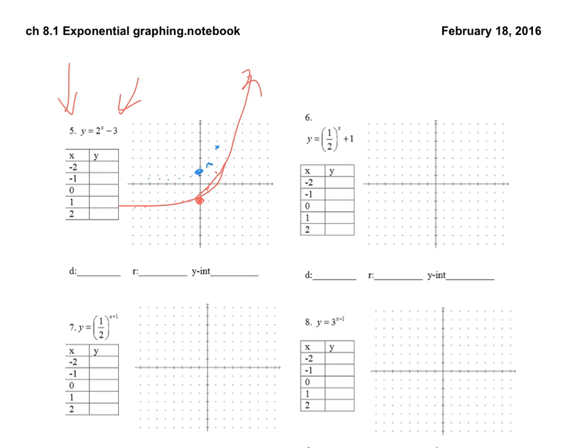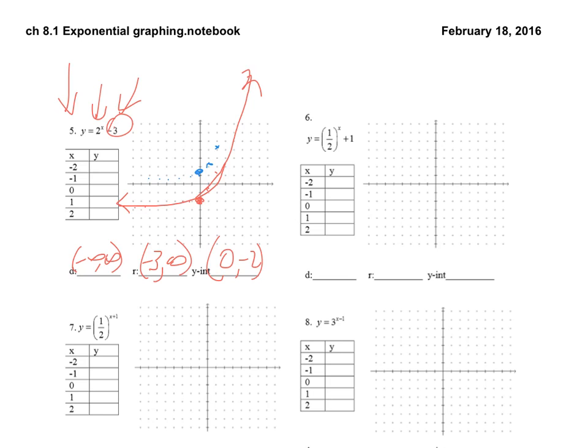We're going to have a graph like that. Domain now is still all real numbers, because we can put anything in, but our range has changed. Now we're getting really, really close to negative 3 and then going up to infinity. And our y-intercept is now moved down to (0, negative 2). It's the y-intercept from before moved down 3.